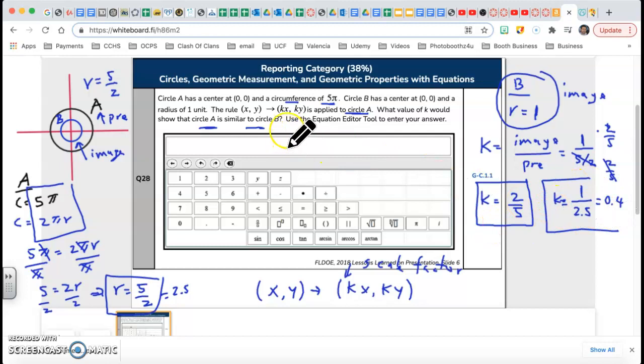The question is, what value of k will show that A is similar to circle B? My scale factor is 0.4. That's k. And again, how did I do it? Finding the radius of my pre-image and my image, and then I compare both of them. Image over pre-image, I divide those two, and that's my answer.